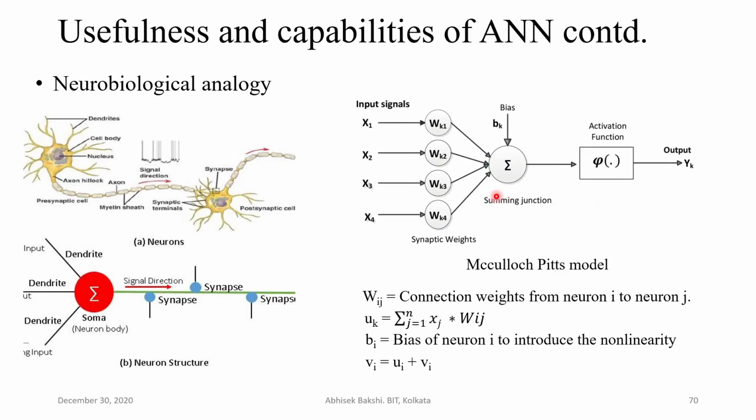The dendrites that we are considering are nothing but x1, x2, x3, x4. You can assume that there are four pieces of information coming from the other neurons, maybe through the dendrites, and they are connected with this soma presented over here.